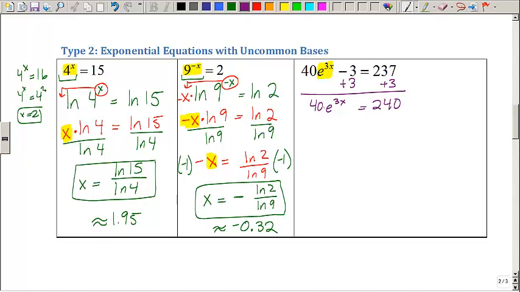Now I have to get rid of the 40 coefficient, and to do that I just divide both sides by 40. And now I have e to the 3x equals 6. Now I have my base with my variable exponent isolated on one side of the equal sign. So now I can go to step 2, which says take the natural log of both sides.